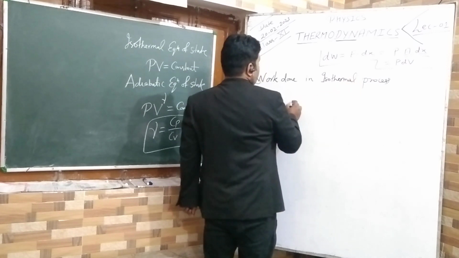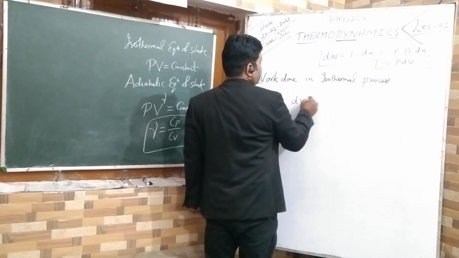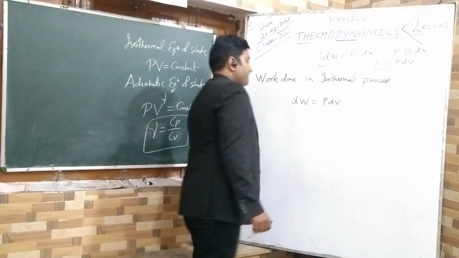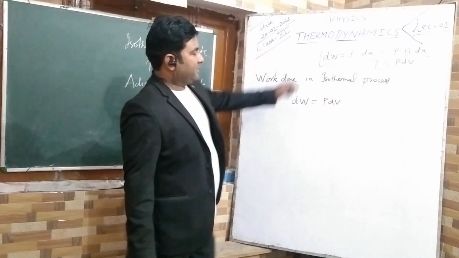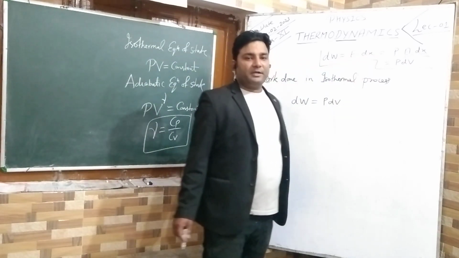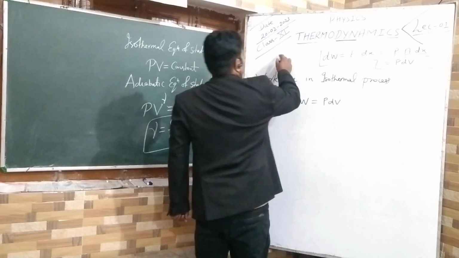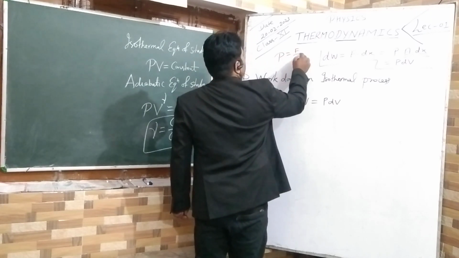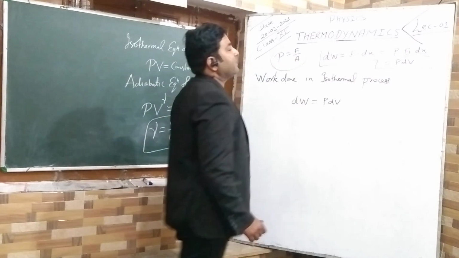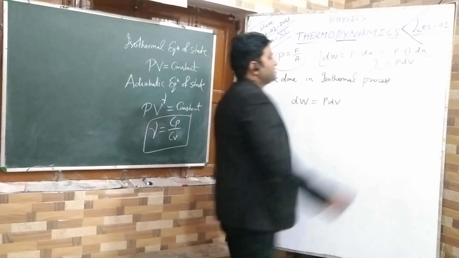See, small amount of work done, dW is equal to P dV, from force into displacement, and this force equals what? Pressure into area, because pressure is equal to force upon area, then force equals pressure into area, then area into displacement.